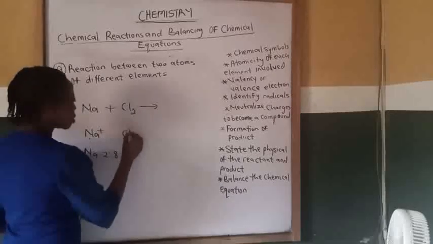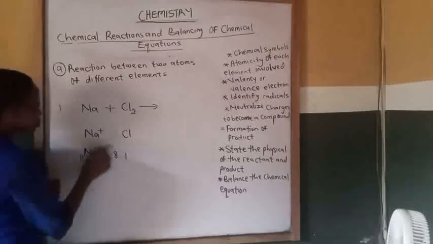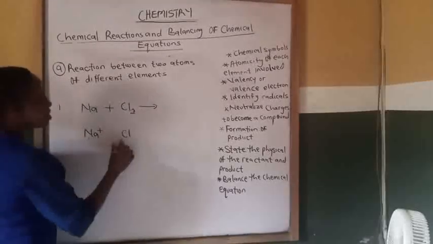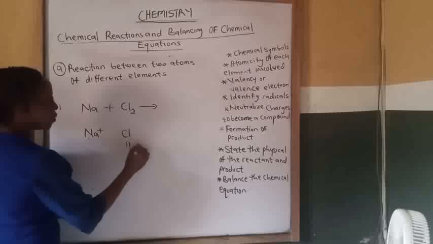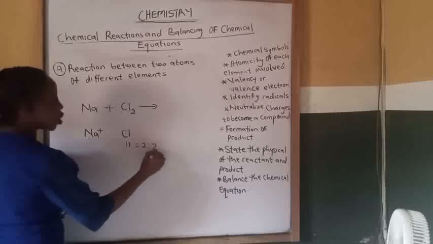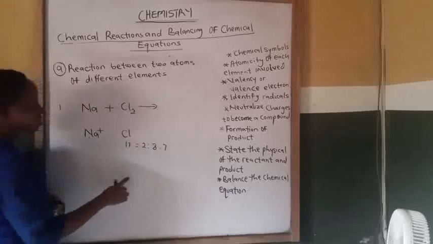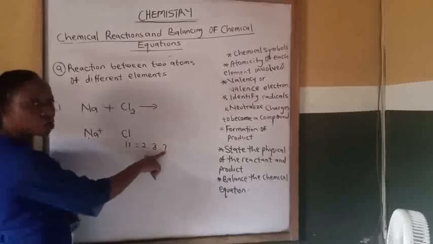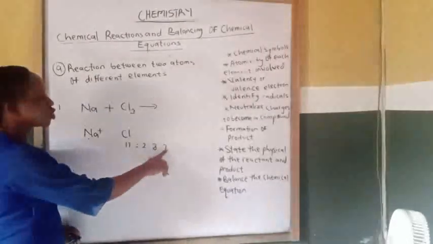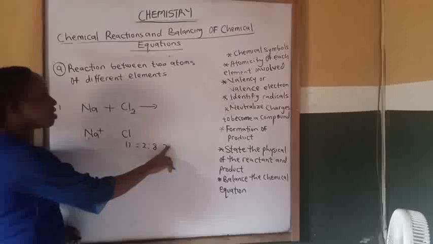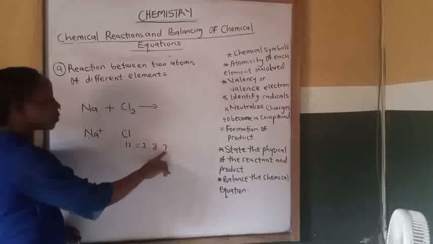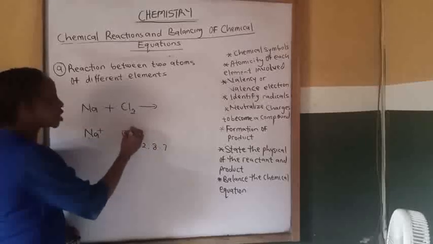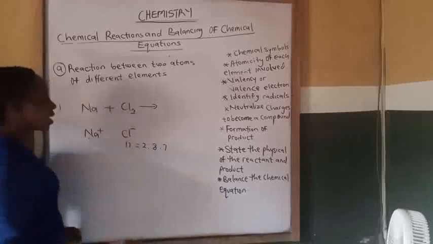Then chlorine. What is the charge on chlorine? Chlorine is number 17. The first shell carries 2, the second 8, the third 7. 2 plus 8 plus 7 equals 17. So chlorine needs 1 more electron to balance its octet.